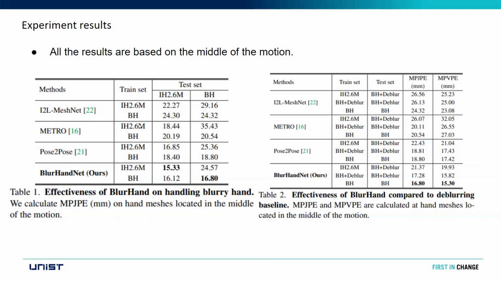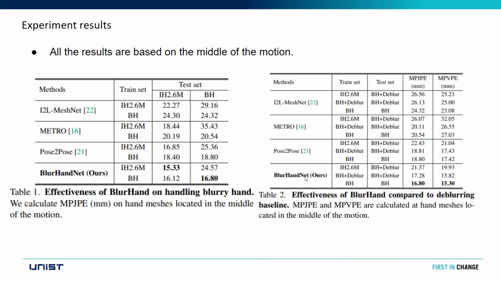But if they train on Blurry Hand, it performs a bit worse, but still good enough on InterHand for sharp images, and it performs pretty well on the Blurry Hand dataset. And their model performs the best among these four methods.